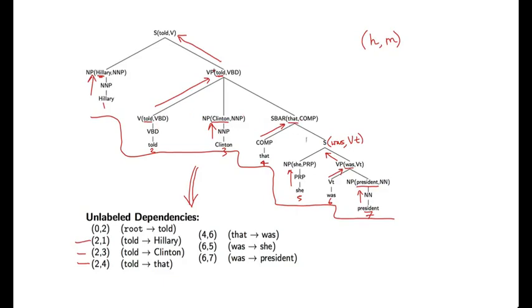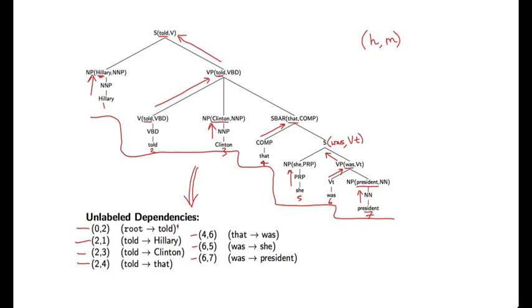And we can similarly go through the entire tree, pulling out all of the dependencies. Right at the top of this tree, we have told as the root of the entire sentence. And because of that, we have an arc 0 to root goes to told.